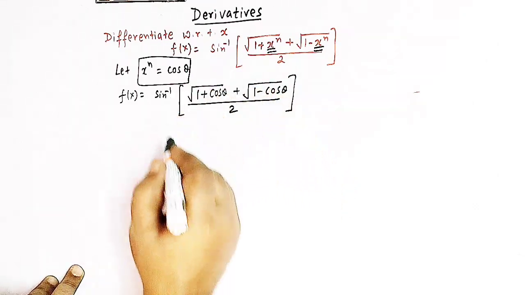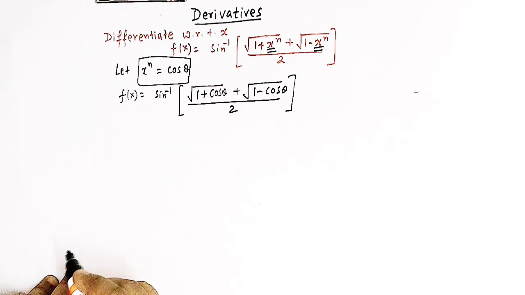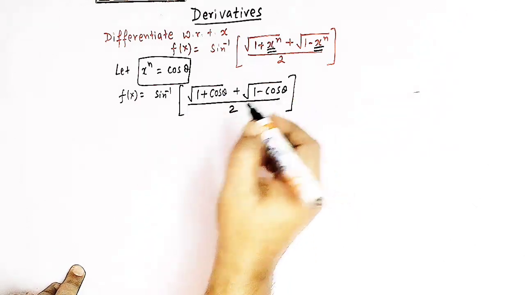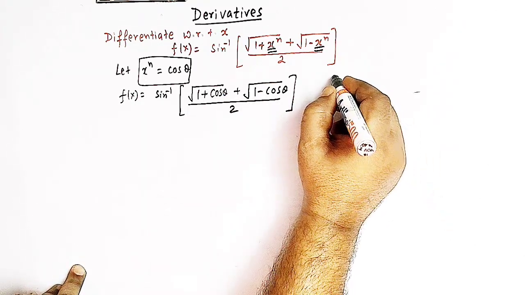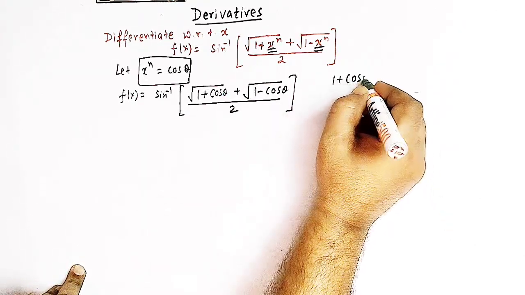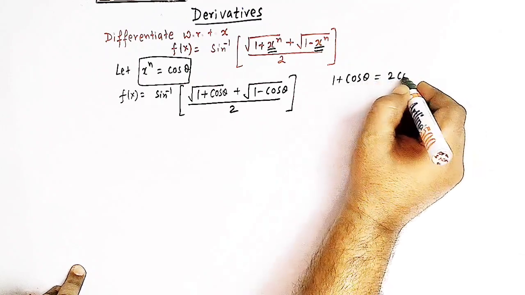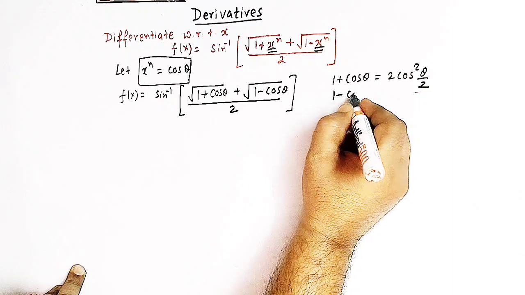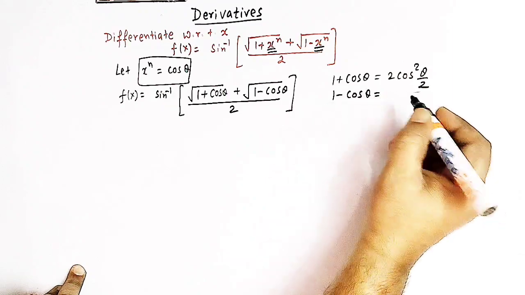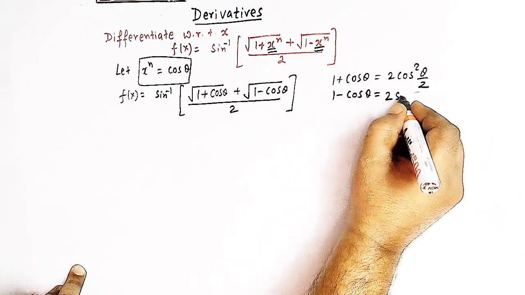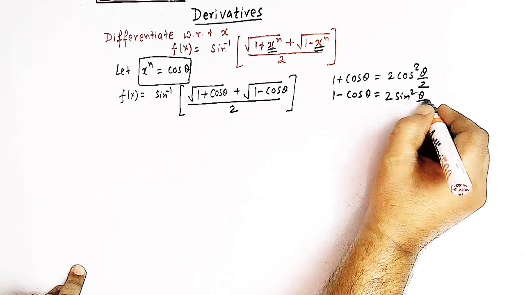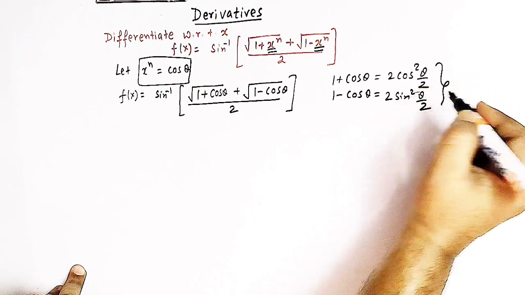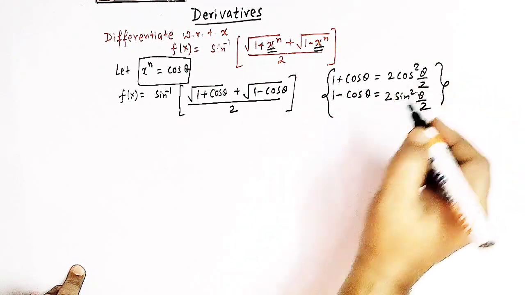Now we'll make use of some trigonometry, and from trigonometry we know that 1 plus cosine theta is equal to 2 times cos square theta over 2, and similarly 1 minus cosine theta is equal to 2 times sine square theta over 2. These are the two important half angle formulas.